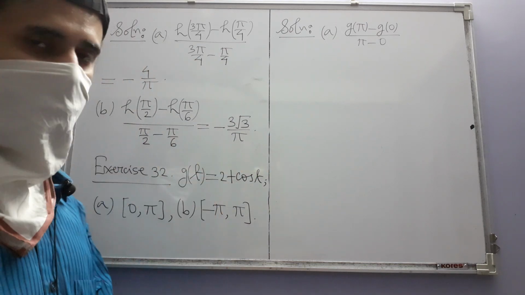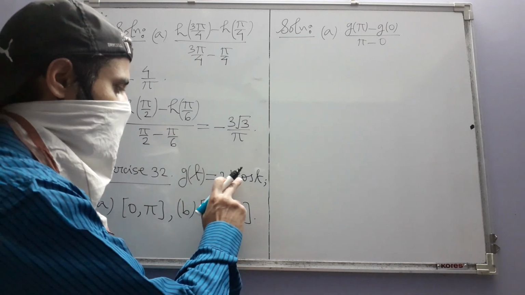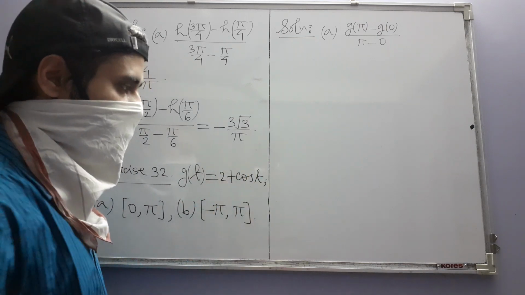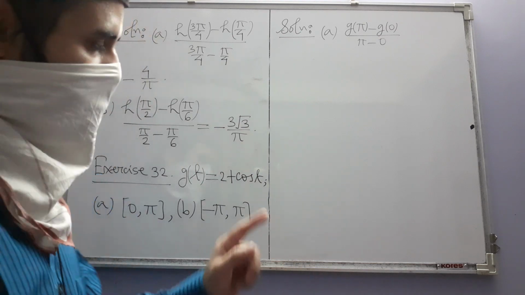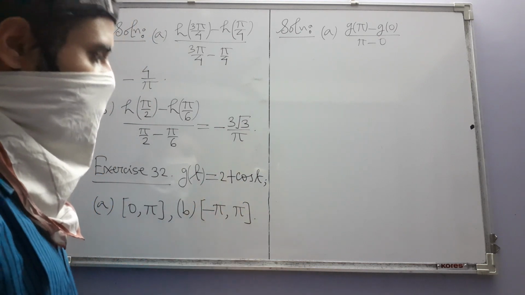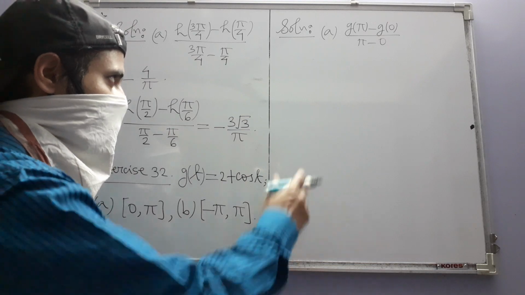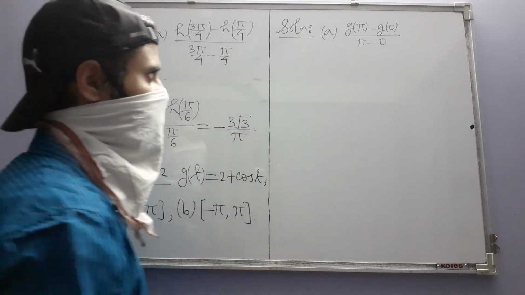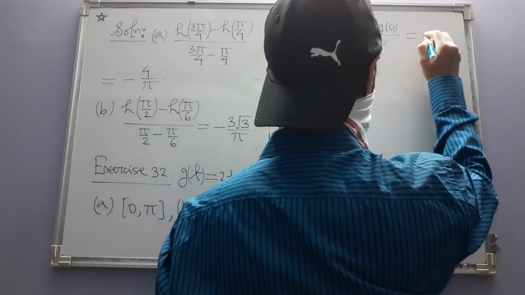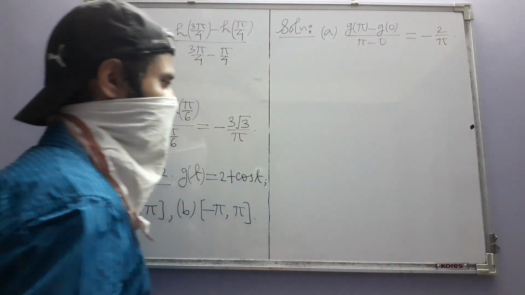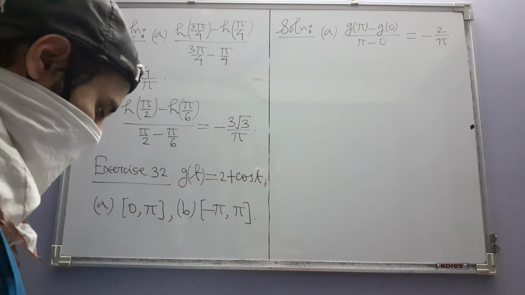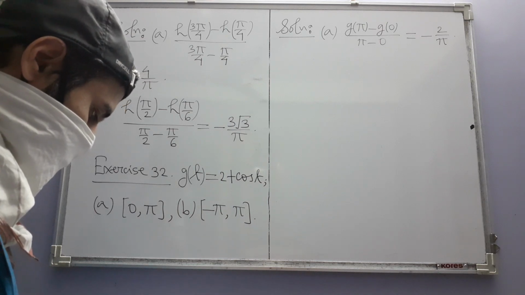So that 2 and this 2, they cancel out. Cos pi minus cos 0. Cos pi is minus 1, minus cos 0 is 1. So you get minus 2 in the numerator, and pi is of course there in the denominator. So the average rate of change should be this, minus 2 over pi.